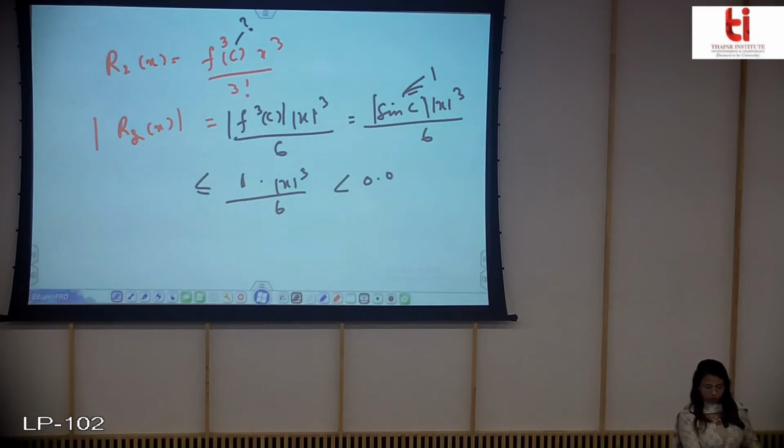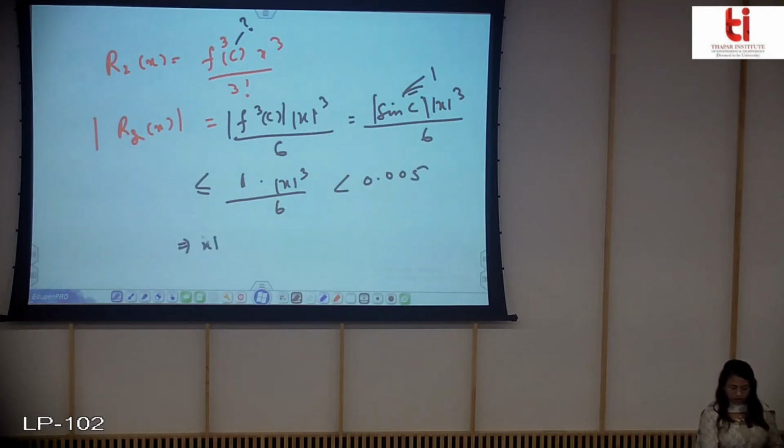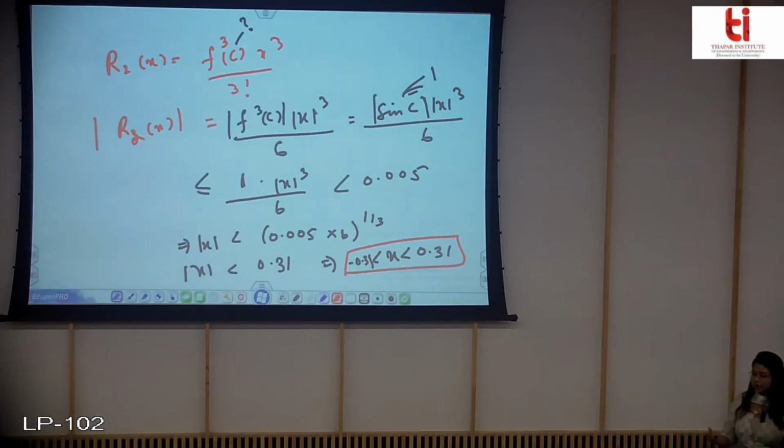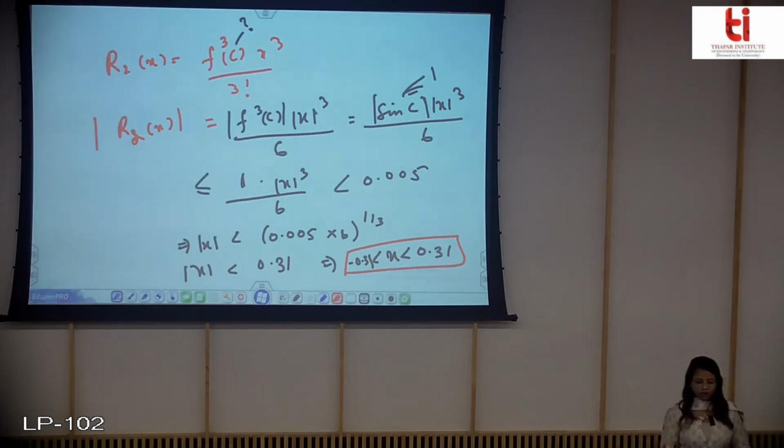Now the error bound should be less than 0.005, and this gives you, okay. So now you see some problem: earlier you were getting the value of x between minus 0.59 and 0.59, and when you apply the remainder estimation theorem, you are getting the value of x between minus 0.31 and positive 0.31.